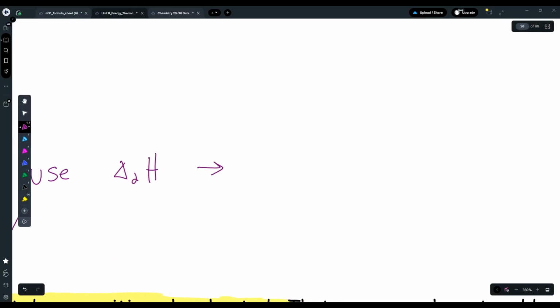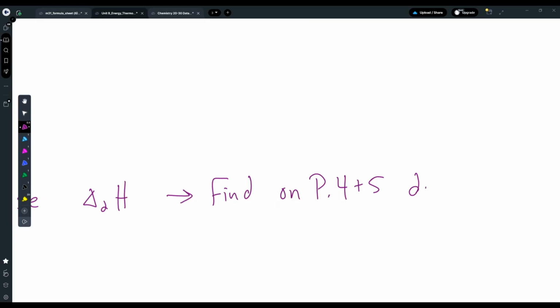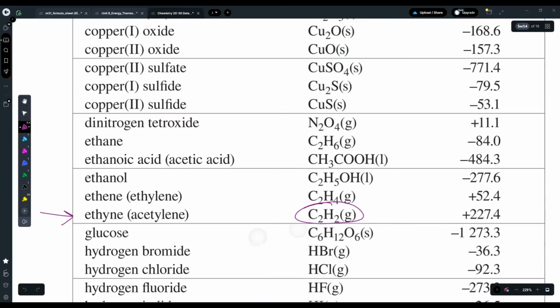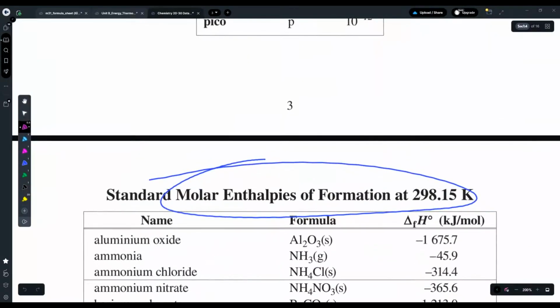So you're going to find that on page 4 and 5 of your data booklet, but there's some work to be done. Okay, so remember that page 4 and 5 of your data booklet, they give you the molar enthalpies of formation. Now to go from formation to decomposition, they're just opposite processes.